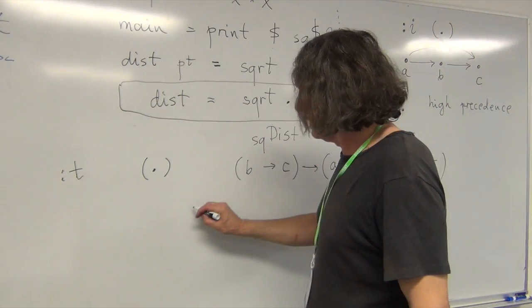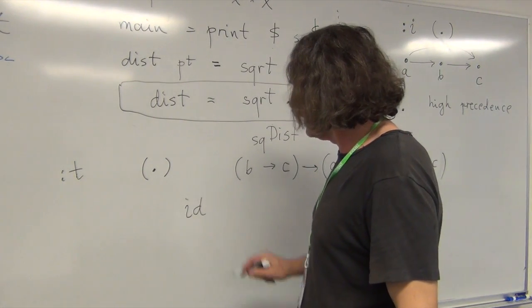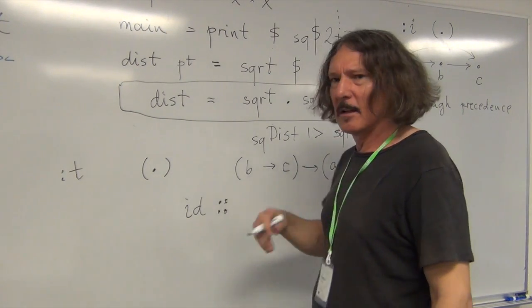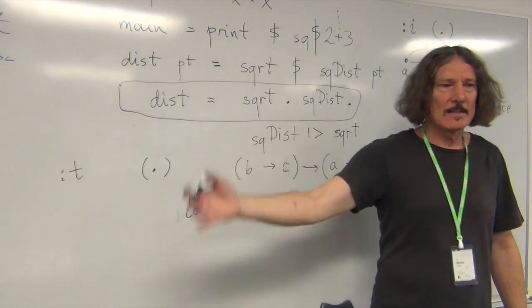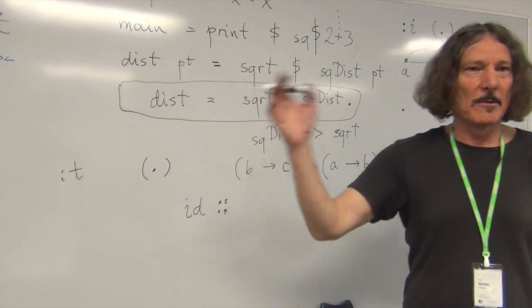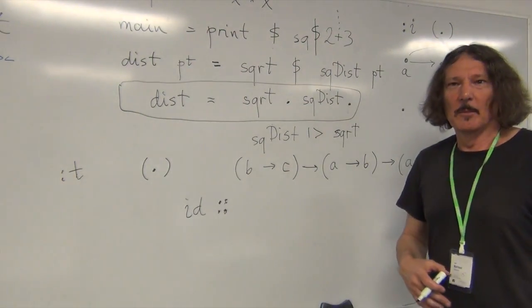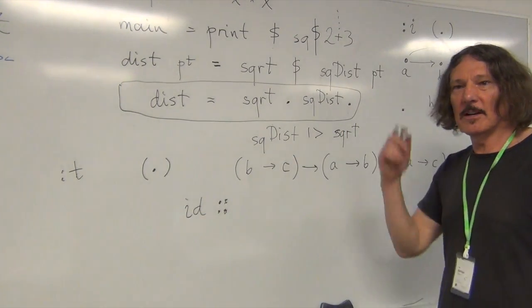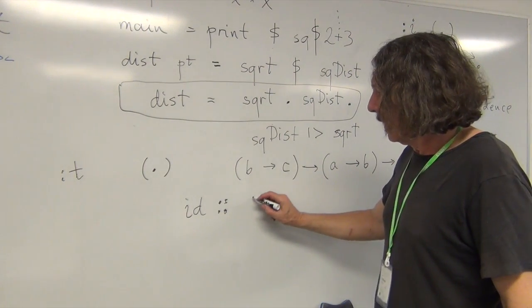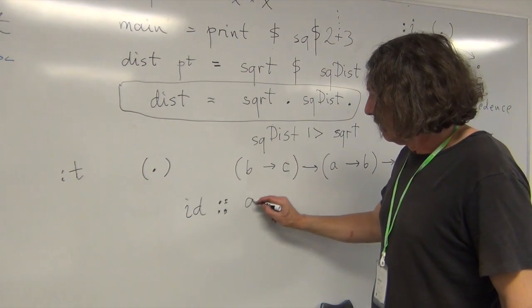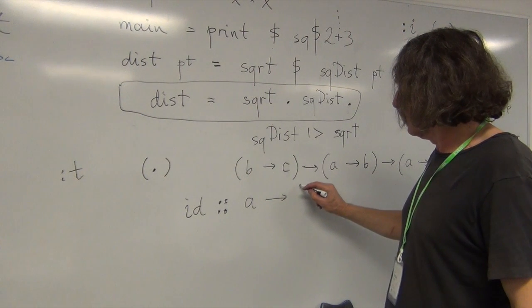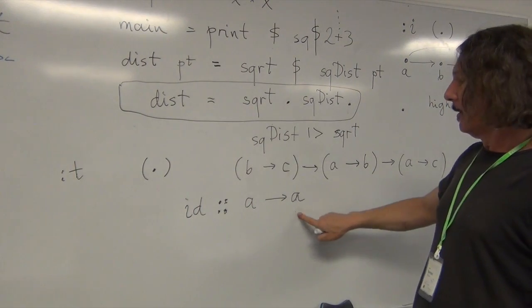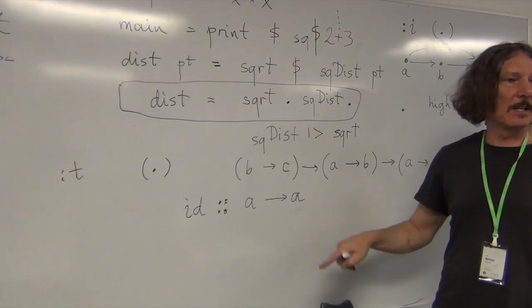That's a function identity. And in many languages, defining identity is actually extremely difficult because of these argument passing conventions: by reference, by value, by move, by const reference. Anyway, ID is a function whose signature is from A to A, so it takes any type to the same type.